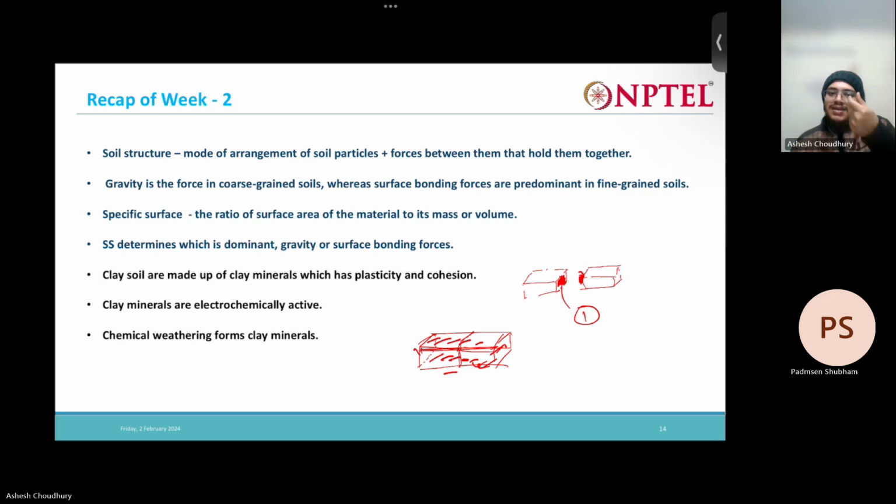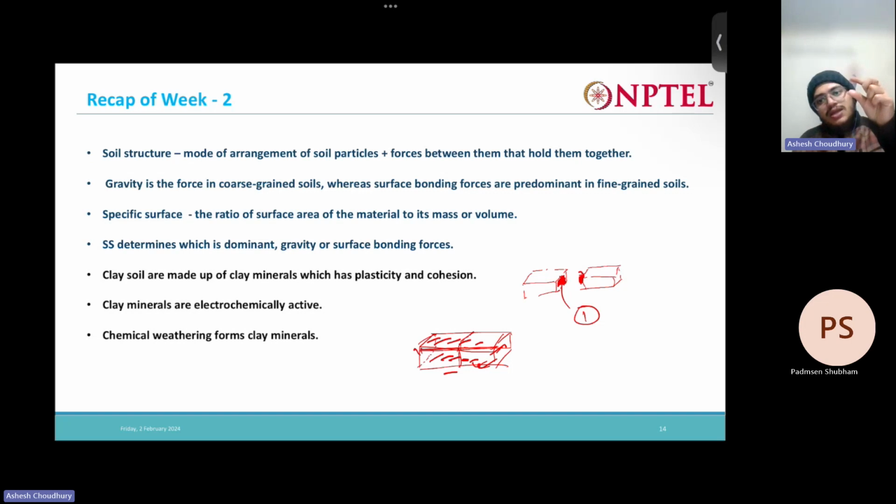You cannot go smaller than that in coarse soils. That is the inherent size it is going to have. In fine soil, the sizes are very small. You yourselves are not grinding it and making it small. By nature, the particle size is very small.